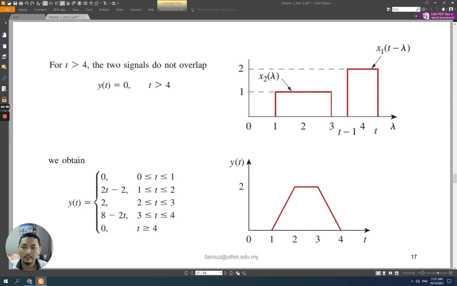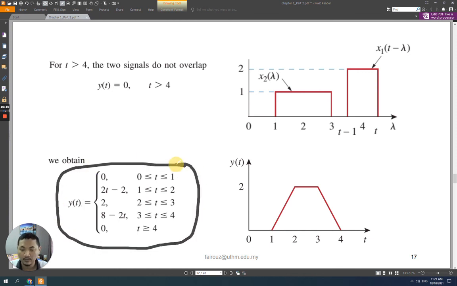You can plot this. Remember, this is a piecewise function, which we have learned in a previous video. So we have to draw this piecewise function: 0 for 0 to 1, 2t minus 2 from 1 to 2, 2 from 2 to 3, 8 minus 2t from 3 to 4, and finally 0.